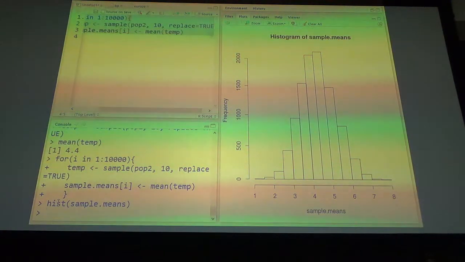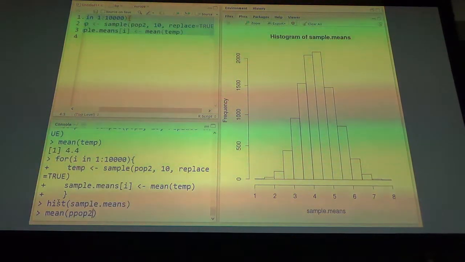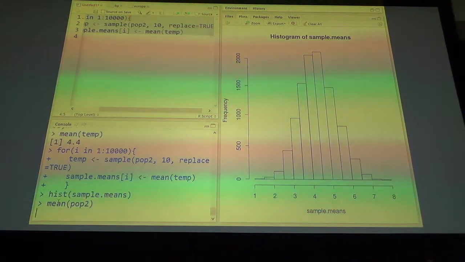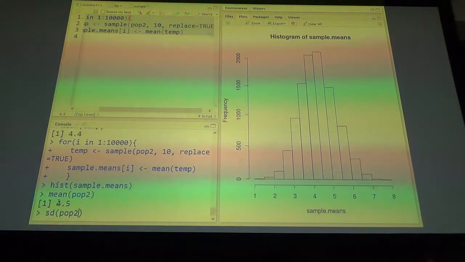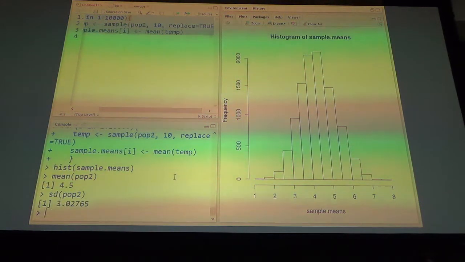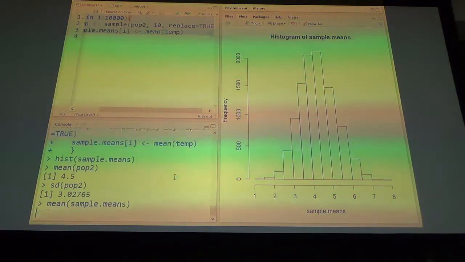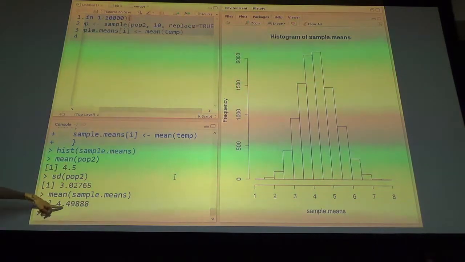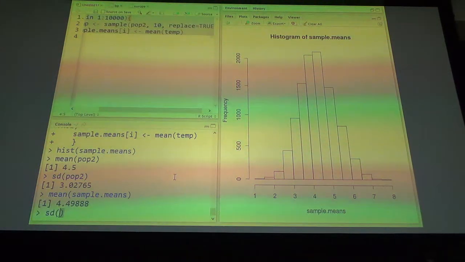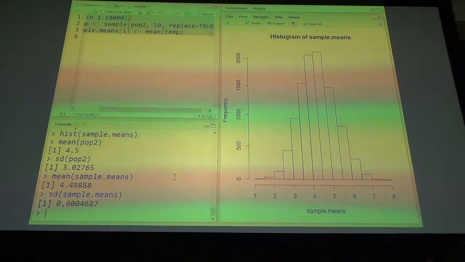If we ask for the mean of population 2, we get 4.5, and I can ask for the standard deviation of population 2, and I get that. I can ask for the mean of the sample means, and I get something very close to 4.5. And the standard deviation, though, is much smaller.